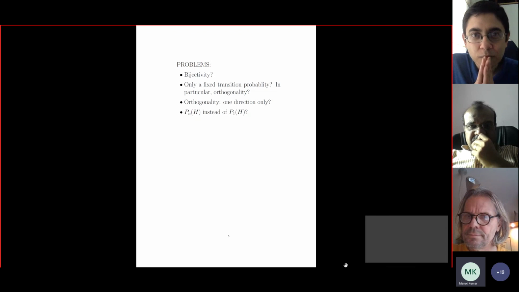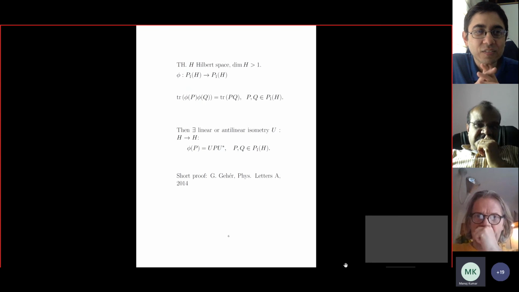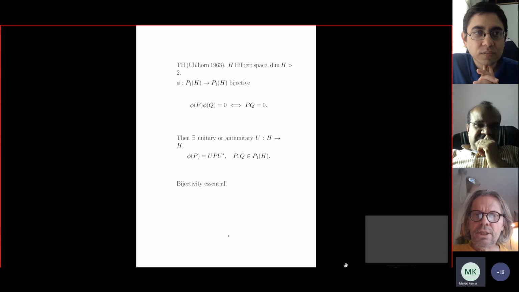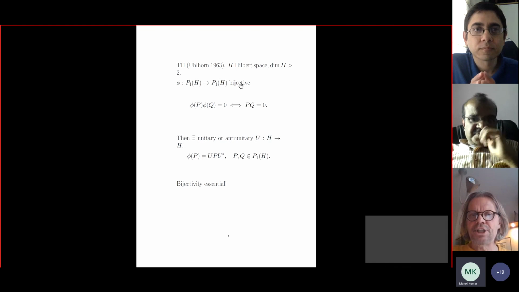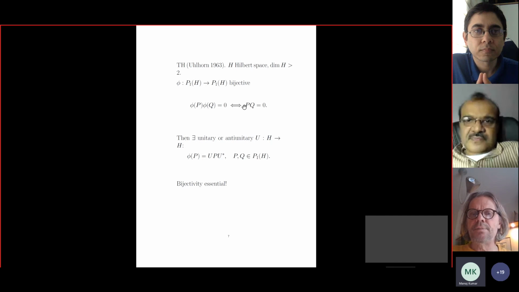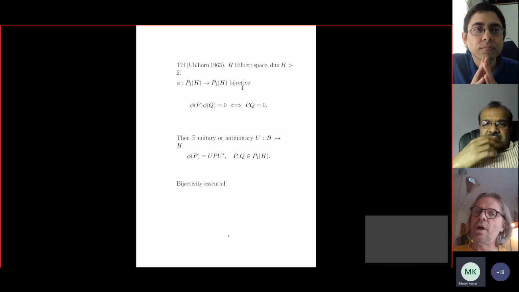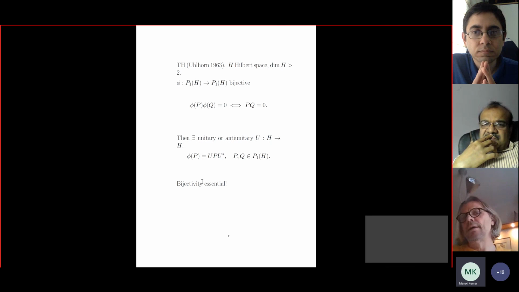I was just wondering if there's some interesting problem which is still open. I believe this is the classical Uhlhorn's theorem. We have a bijective map which preserves orthogonality in both directions, and then it has to be of a standard form. Can I drop the bijectivity assumption? No, and there are examples.